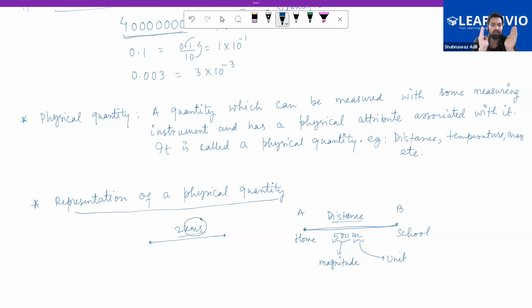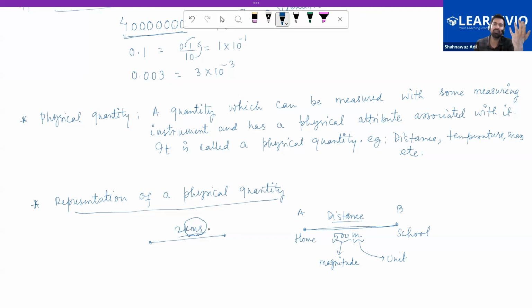If I say 2 kilometers, you can quickly decipher that the physical quantity I'm talking about is distance.